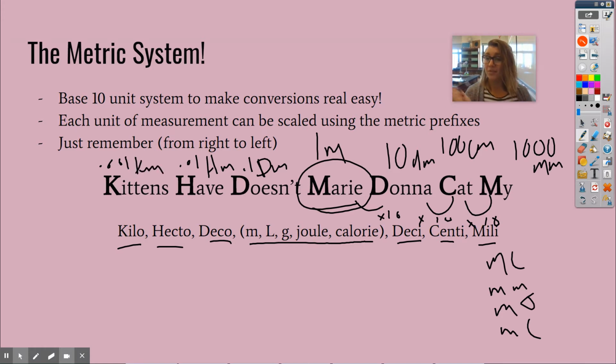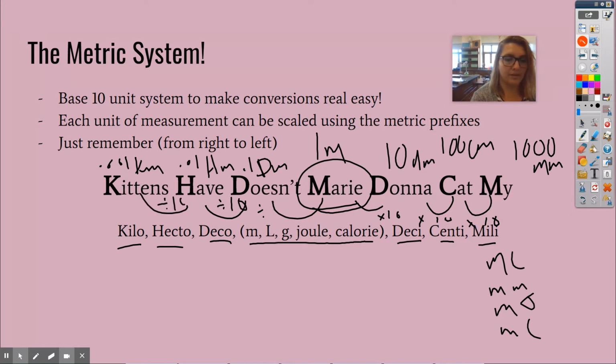So instead of multiplying by 10, you're dividing by 10. All right, so that's what I mean by base 10. All you have to do to convert from liters to milliliters is multiply by 10, by 10, by 10. So it's really easy once you understand how those prefixes are scaled.